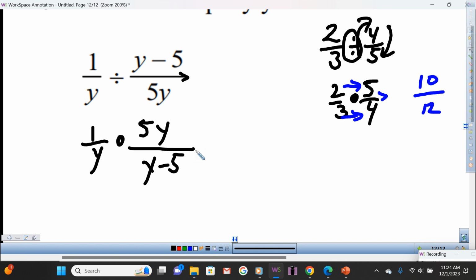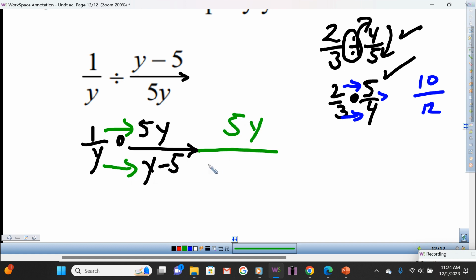That is correct. So we did this step. We went from there to there. So now all we have left is to multiply. Check this out. 1 times 5y is 5y. Y times y minus 5, I'm going to write it out. Y times y minus 5.